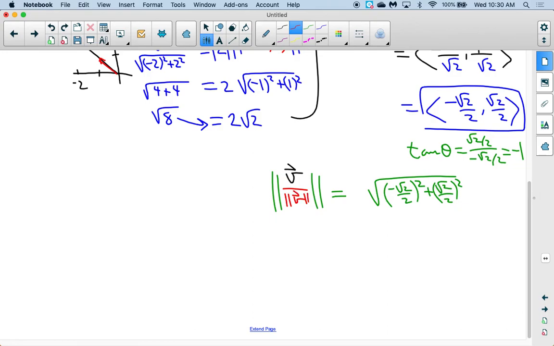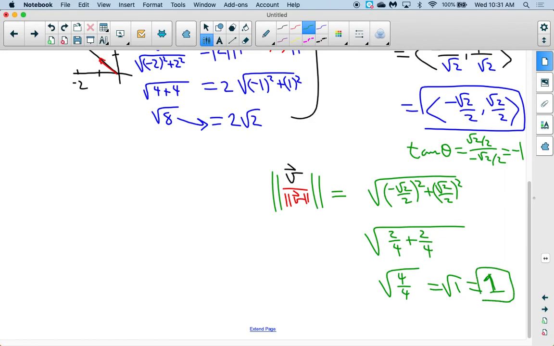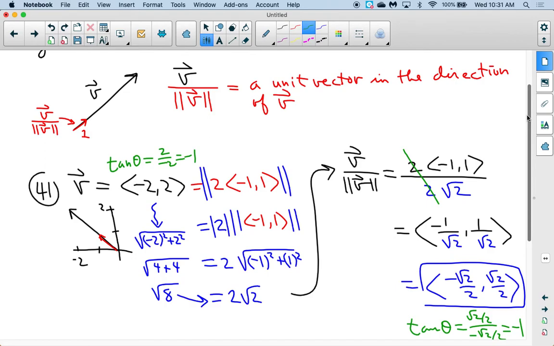So what is this guy? This would be the square root of 2 over 4 plus 2 over 4, and that's 4 over 4, which is radical 1, which is 1. And that's what it should come out to, right? Unit vectors have unit length, okay? All right, anyway, the blue guy is our final answer up here. That's what they wanted. I was just showing you some other stuff.